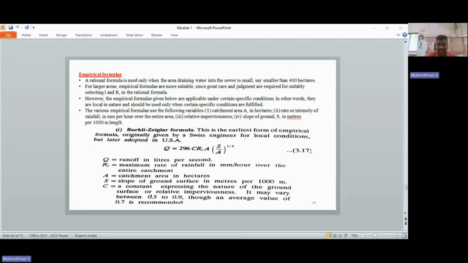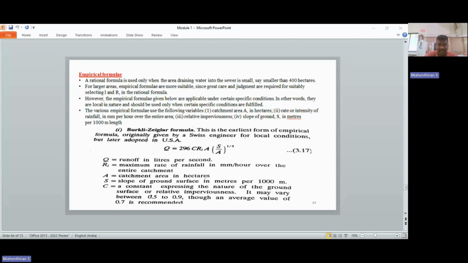The first problem is that the rainfall intensity, that is Ri, is no longer uniform across the entire area. It may be raining heavily on one side of the catchment while the other side remains dry.